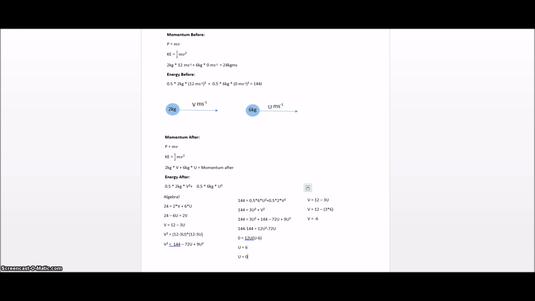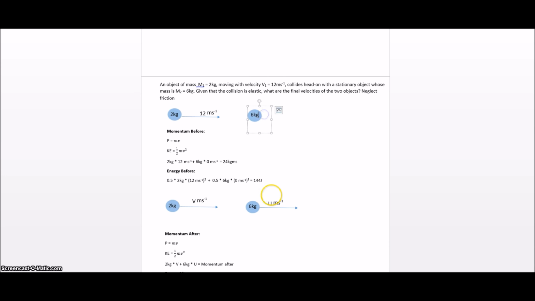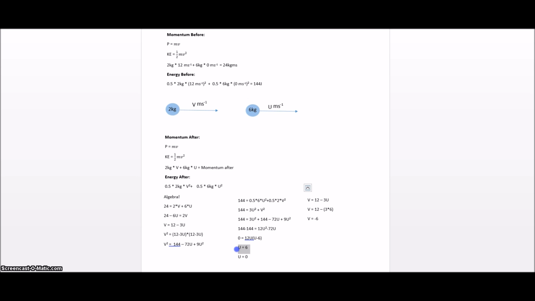The beauty of this being that we have two states, one where u is equal to 0, and one where u is equal to something else. And so we know that after the collision, its velocity is 6. Now we can work out v from that. Going back to one of our initial equations, we say that 12 minus 3u is equal to v.